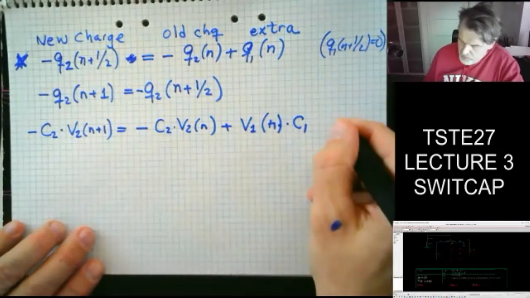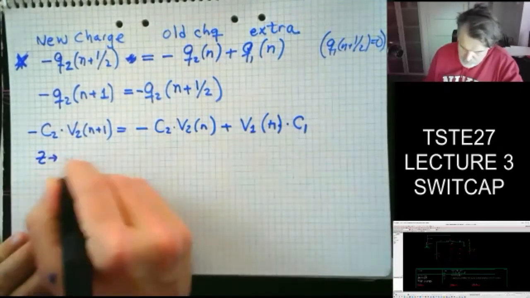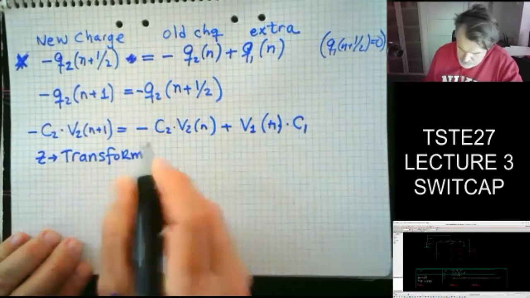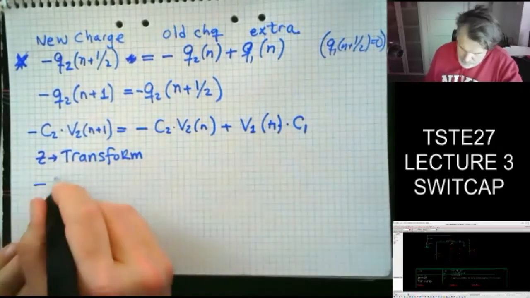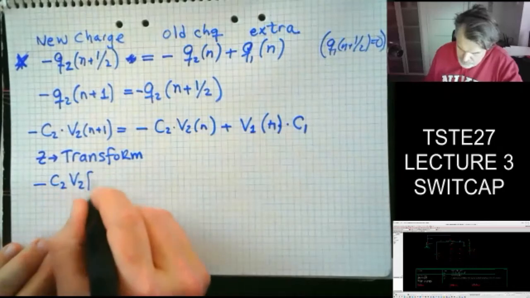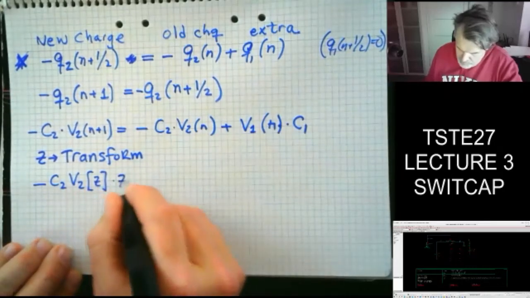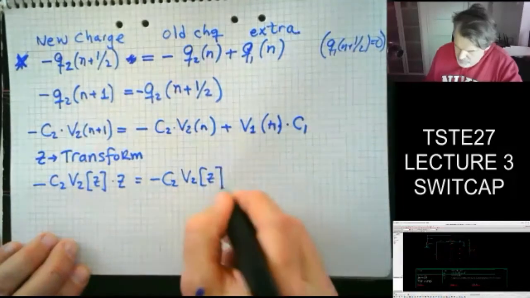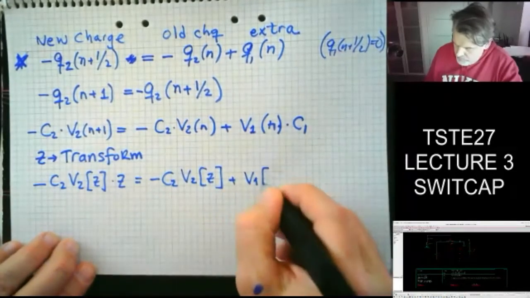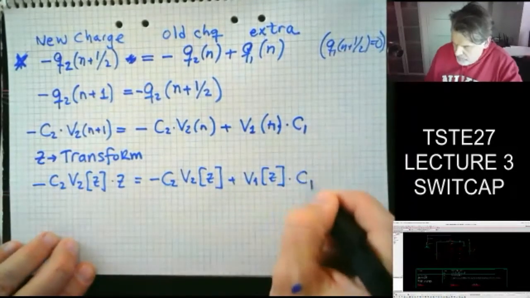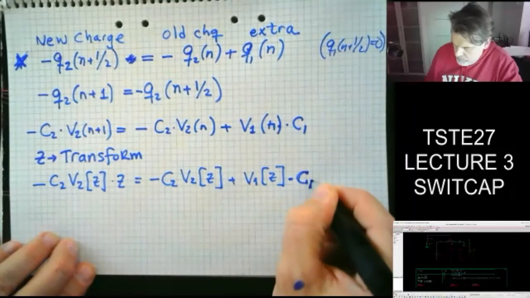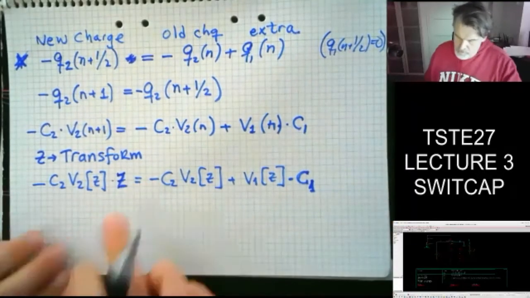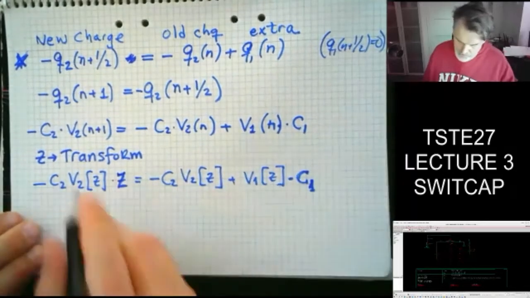However, let's go to the Z transform. So we get minus C2 V2 of z times z is equal to minus C2 V2 of z plus V1 of z times C1. And obviously we can connect the stuff together.